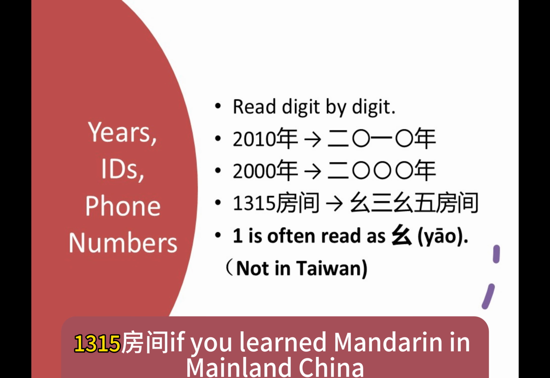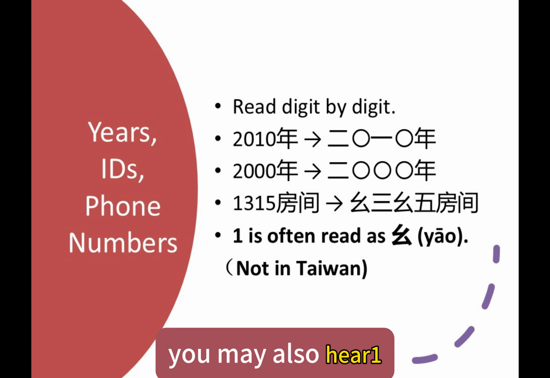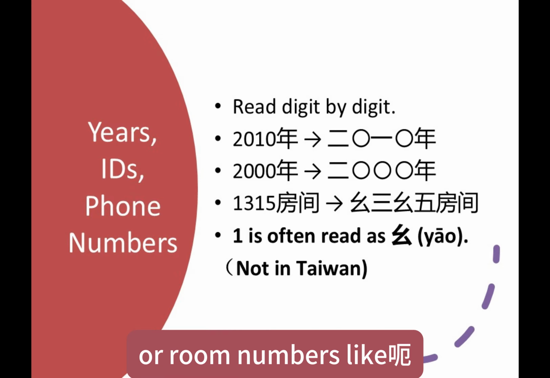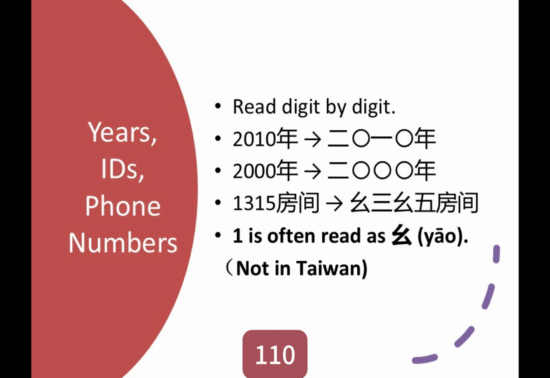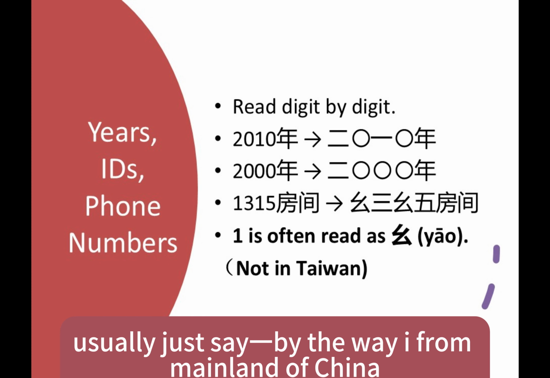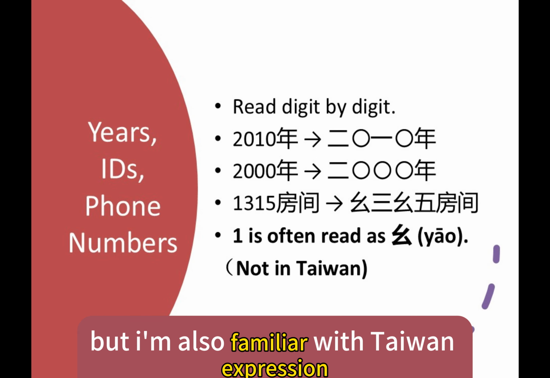If you learned Mandarin in mainland China, you may also hear 幺 for the digit 1 in phone numbers or room numbers, like 110, 1315. But in Taiwan, people usually just say 一. By the way, I'm from mainland China, but I'm also familiar with Taiwan expressions.